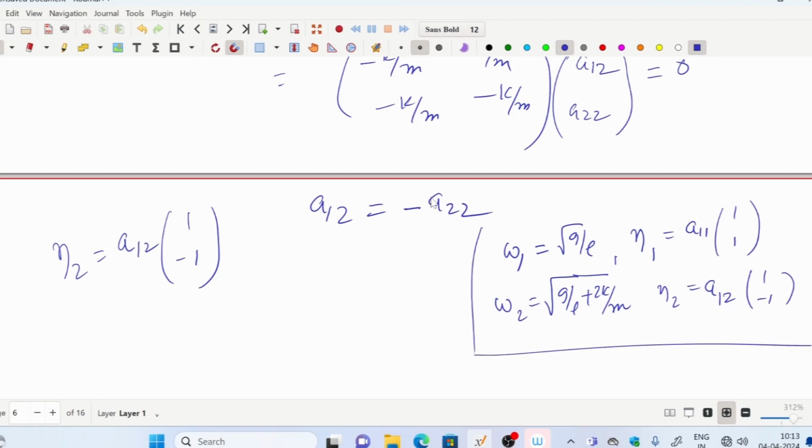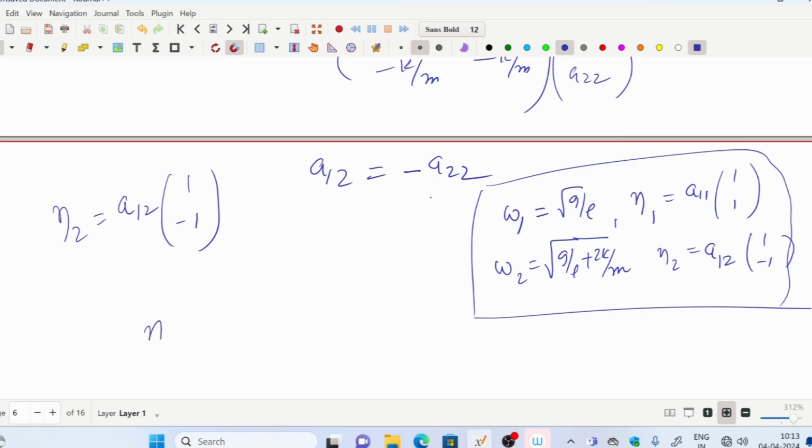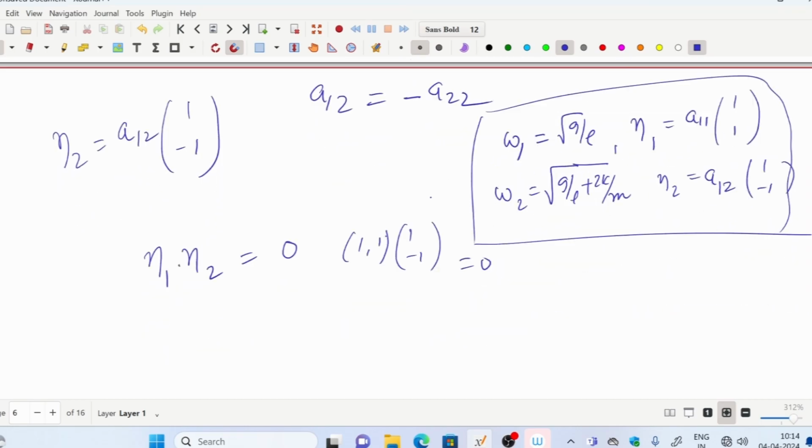Okay. So we'll come back to this, and at this moment you can find that eta 1 dot eta 2 is 0, because if you have a 1 1 matrix multiplying 1 minus 1, it will be 0. a 1 1 and a 1 2 are outside. Okay. So these are orthogonal, eta 1 and eta 2 are orthogonal.